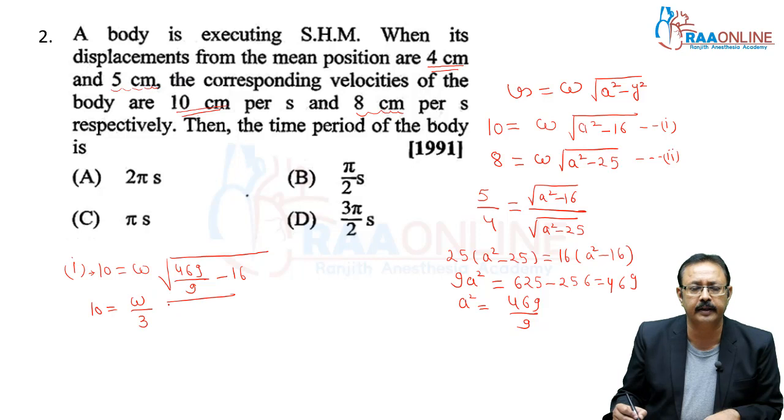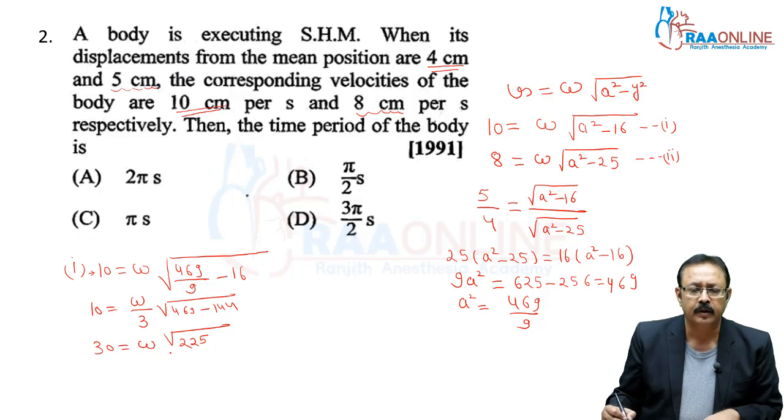What we are getting in the square root: 469 minus 16 9s, which is 144, 10 into 3, 30. 30 equals omega into the square root of 225, it means 15.